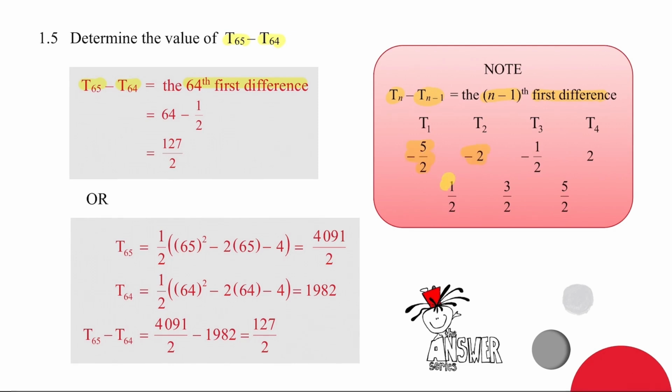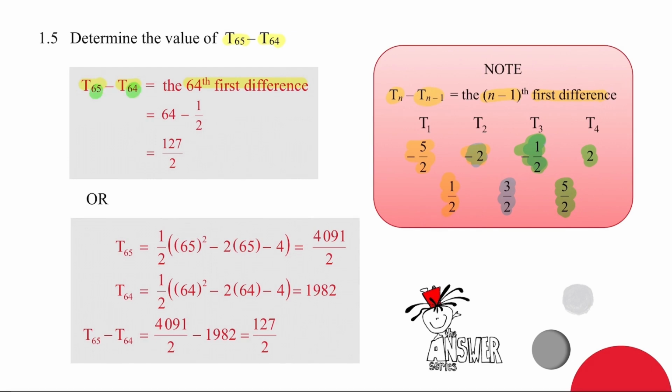So in summary, if we take the second term and subtract the first term, we are getting the first difference in the first difference row. If we take the third term and subtract the second term, we are getting the second first difference. And one more time, if we take the fourth term and subtract the third term, we are getting the third first difference.